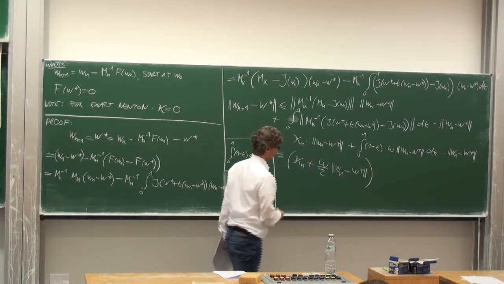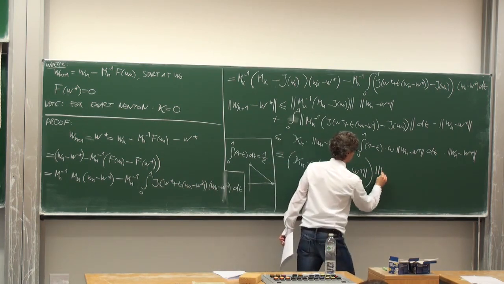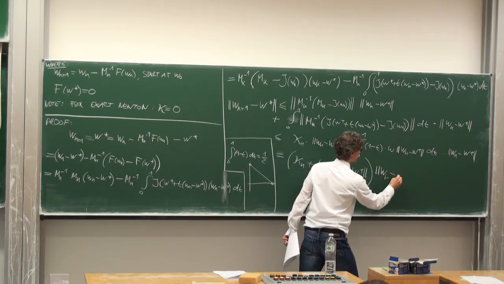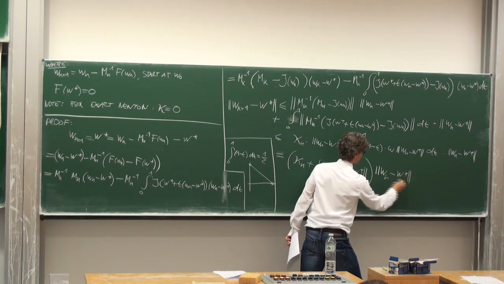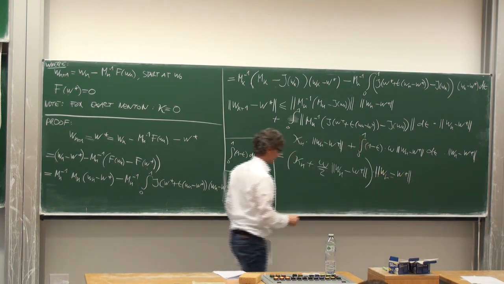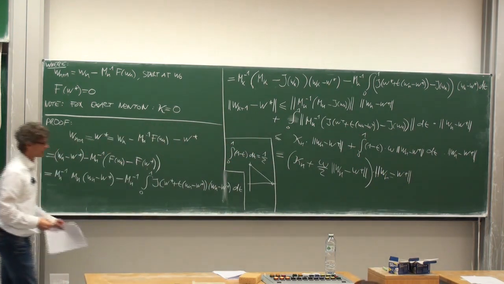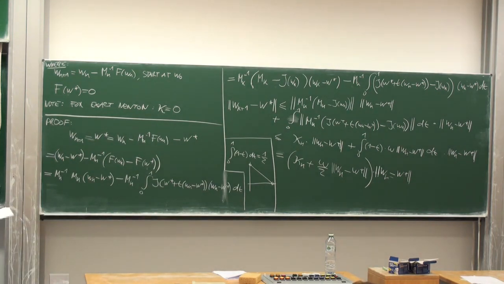I make brackets around it, and now I say wk minus w star. So now I have the contraction inequality proven. This is the main thing that I wanted.